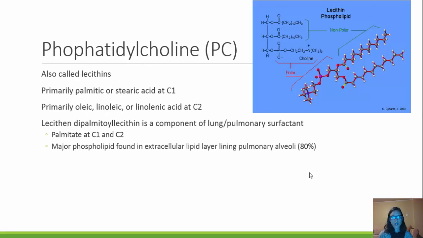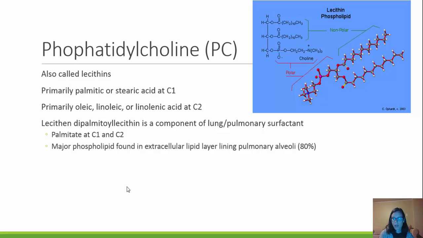Okay, so let's first start with the phospholipid phosphatidylcholine. These are also called lecithins. They primarily have either a palmitic or stearic acid at C1, and then they also have the characteristic fatty acids at C2.